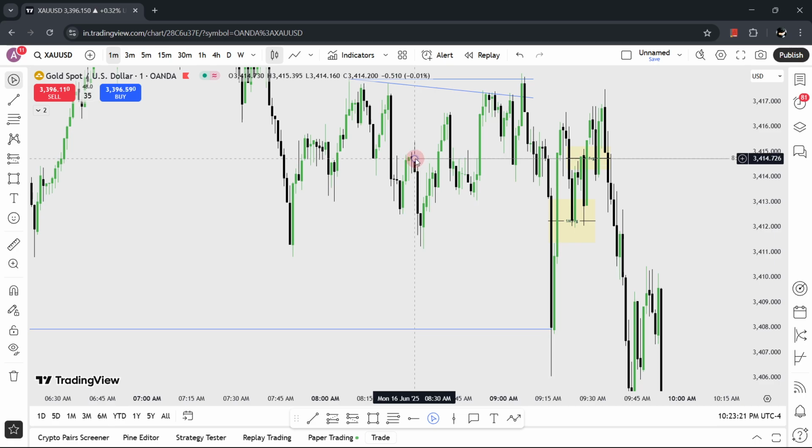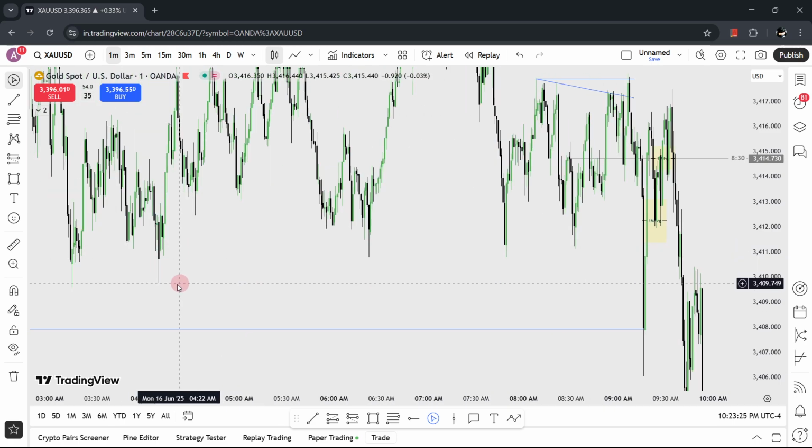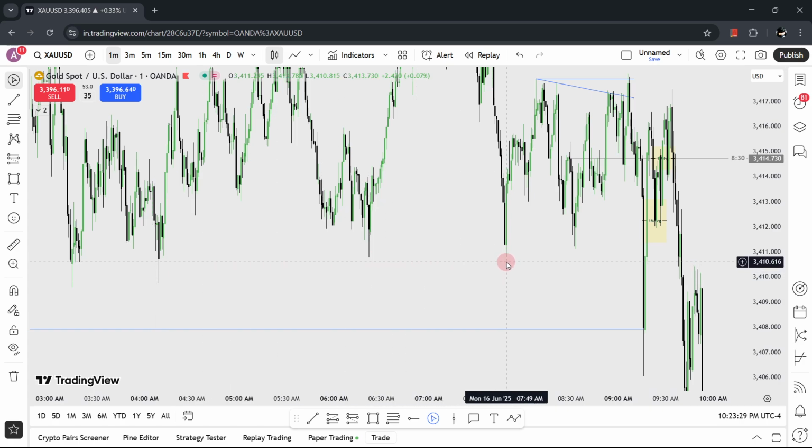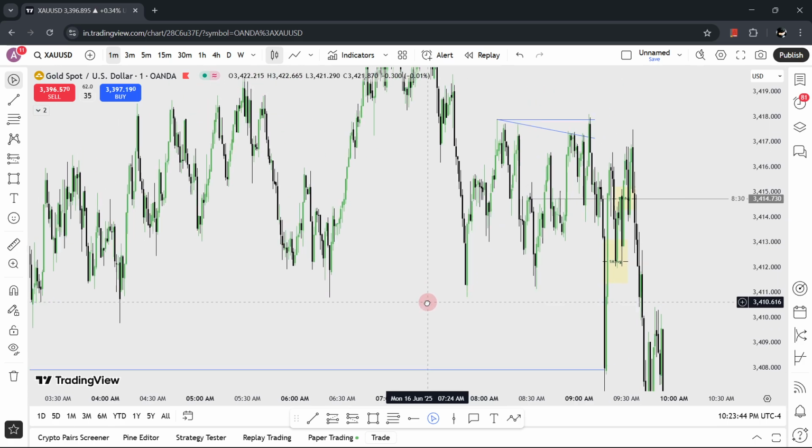Even though the 8:30 opened, none of these equal or relative equal lows were taken out. You see, price was creating equal lows here before the 8:30 open. So the probability of going lower is comparatively really higher.